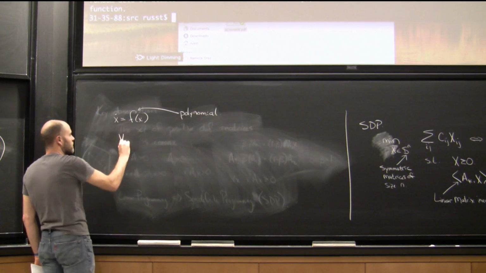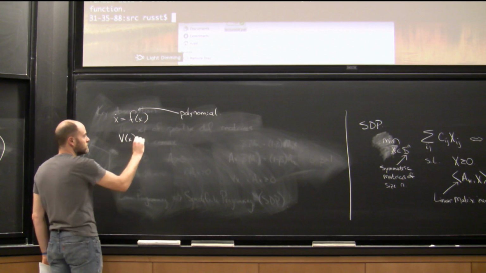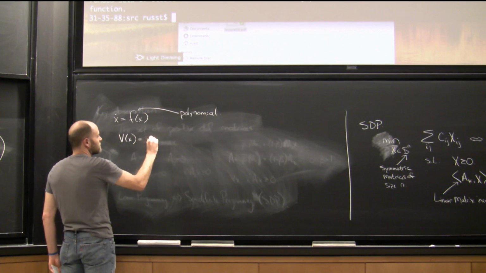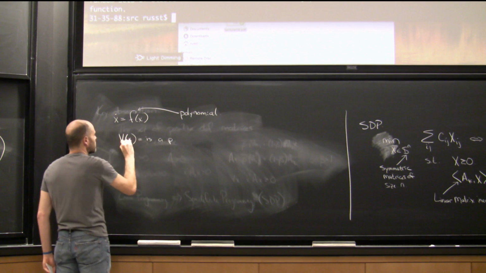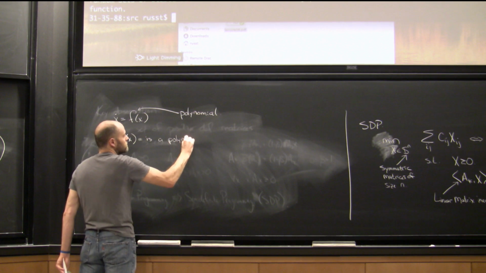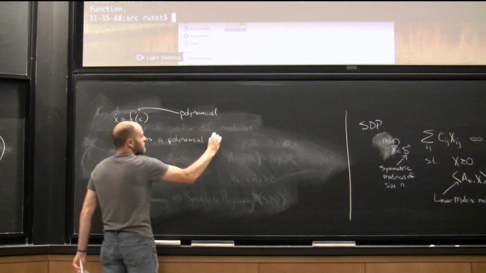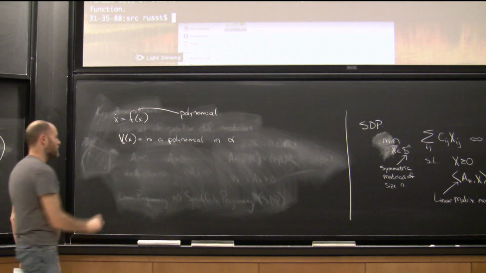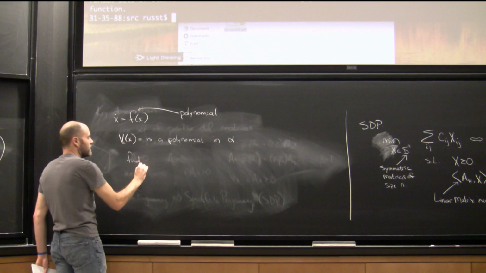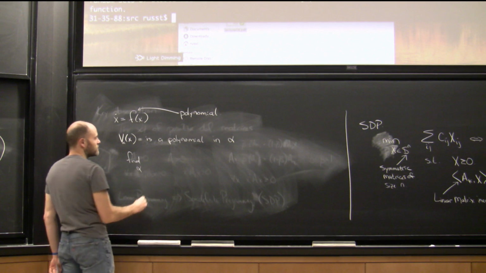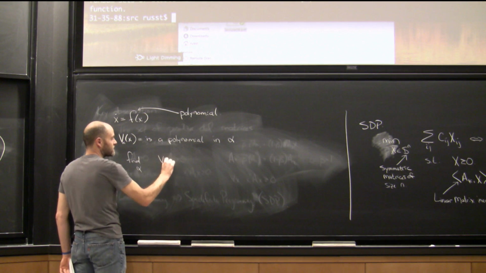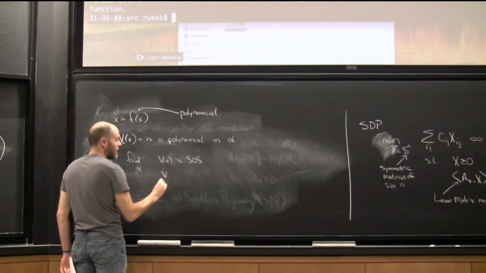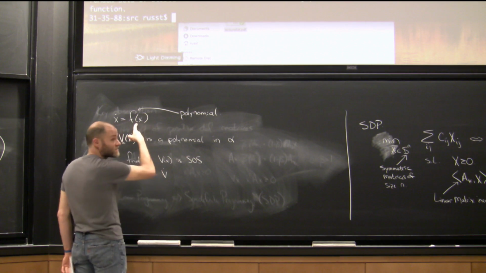And I say, here's v of x, which is some positive polynomial. There's a polynomial in the coefficients alpha. I can say, find me alpha such that v of x is sums of squares, negative v dot is sums of squares. Well, the key thing is that this thing stays polynomial, right?